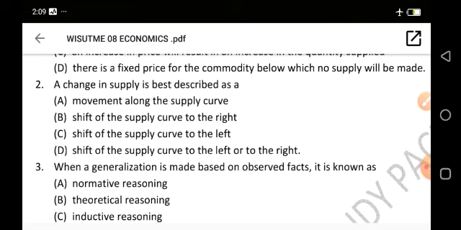So quickly, let's mention some of them. Change in quantity supplied is also called movement along the supply curve. The only factor that can cause this movement along the supply curve is the price of the commodity itself.